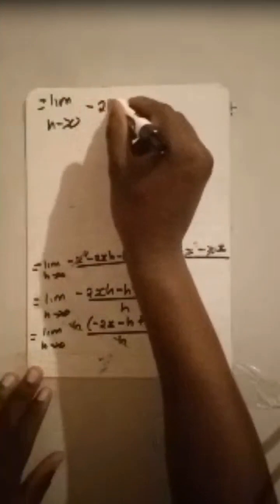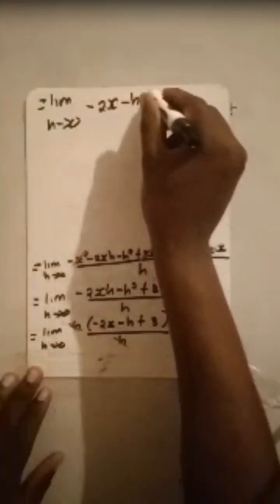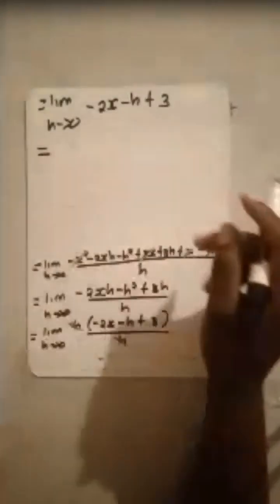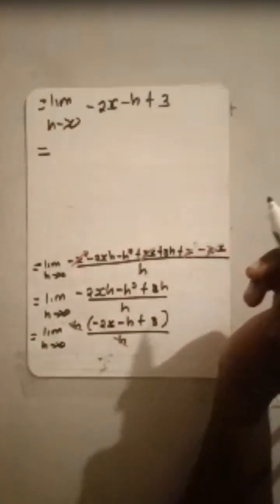So we have to write, don't forget your notation, limit h tends to 0, right? Then now I'm having negative 2x minus h plus 3, right? Then the final step, I take away what? I take away the limit h tends to 0, the notation.